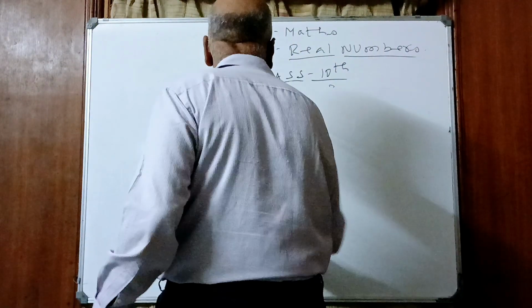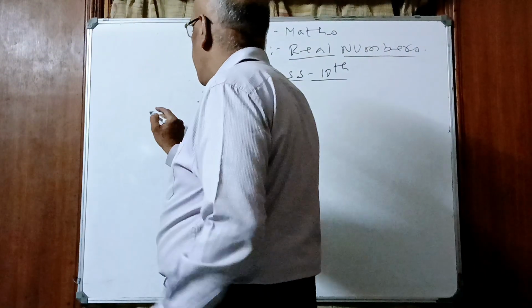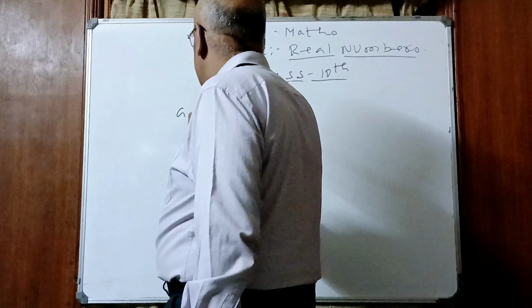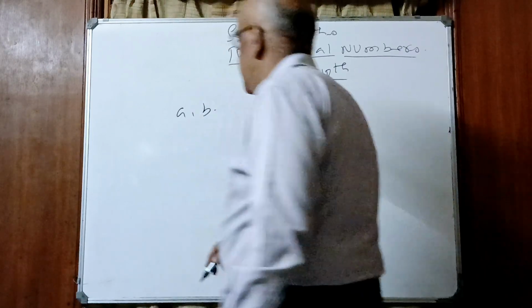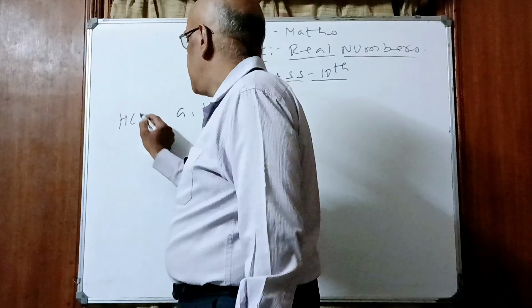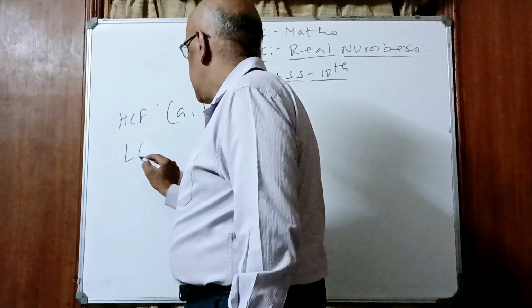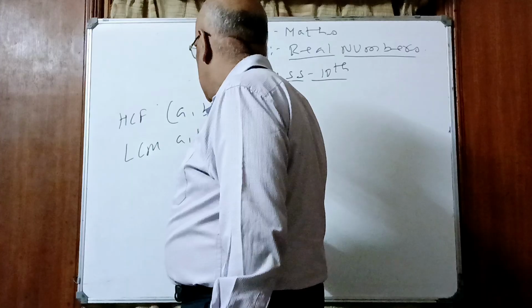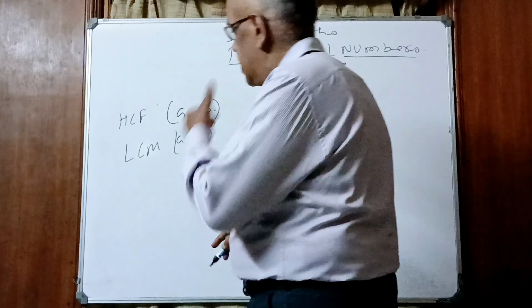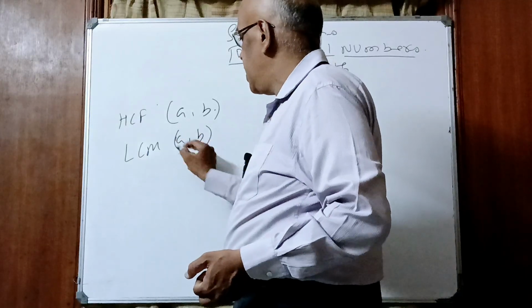Next topic, HCF and LCM of two numbers. HCF. Take two numbers, A comma B. Suppose you have to find the HCF of A comma B, and this will be one more question. Let us assume that A and B are two numbers.